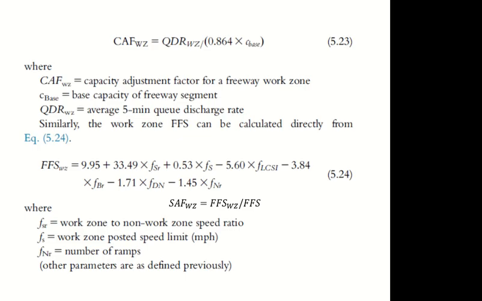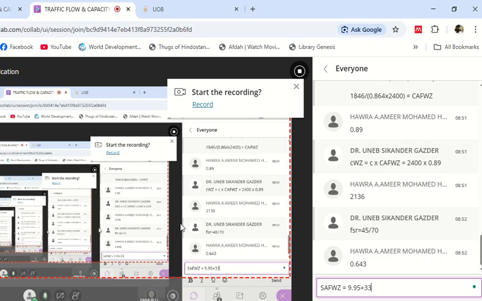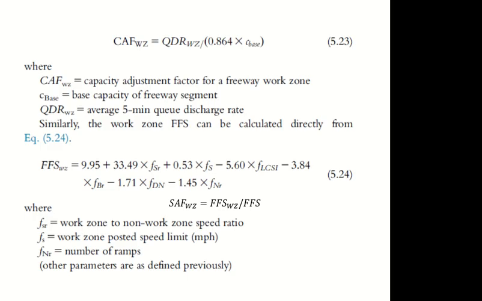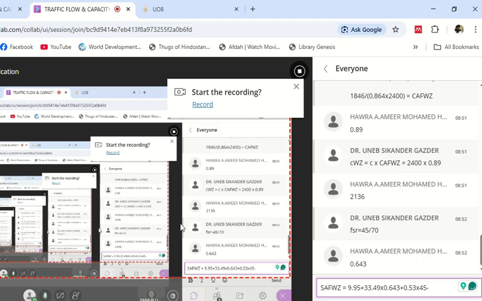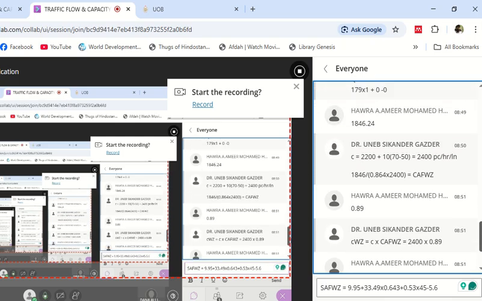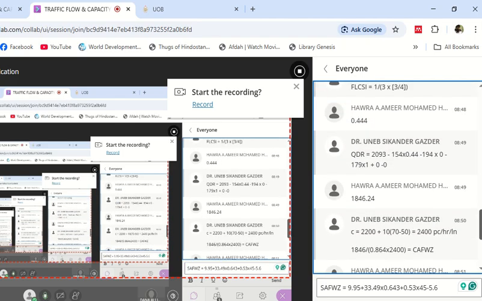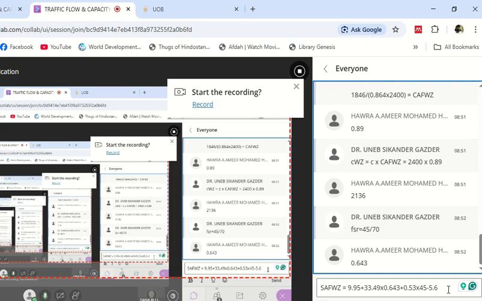Okay, so now I can use this equation. Free flow speed of the work zone minus 5.6 CSI, which we already calculated, 0.44.